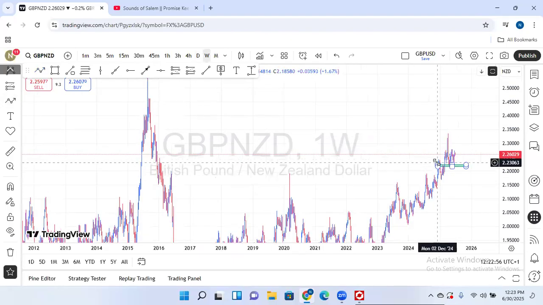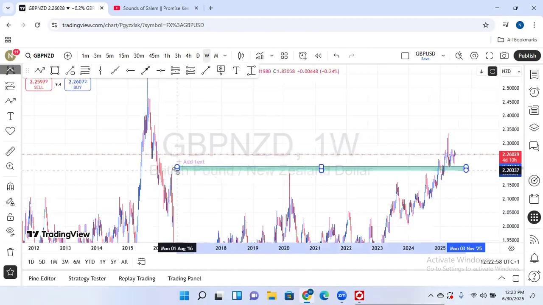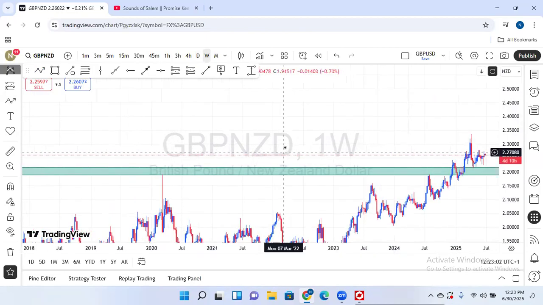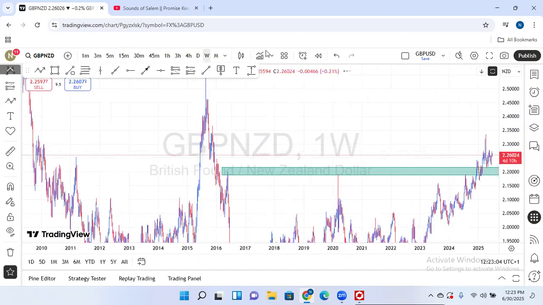And if I drag this zone now to this point, what do you see? Do you see that market broke this high, this high, this high, right? Broke it. What we have here is a retest.